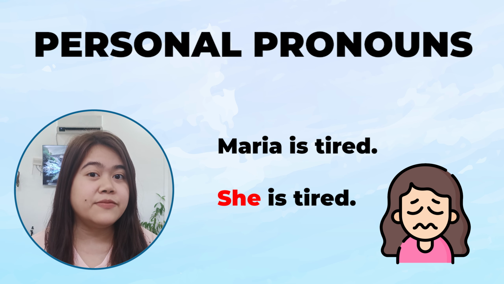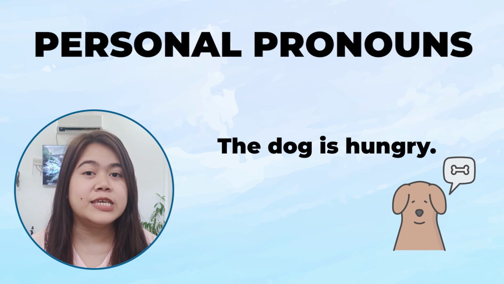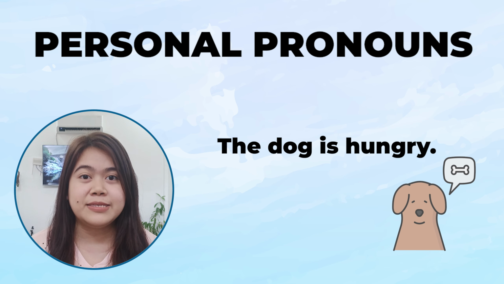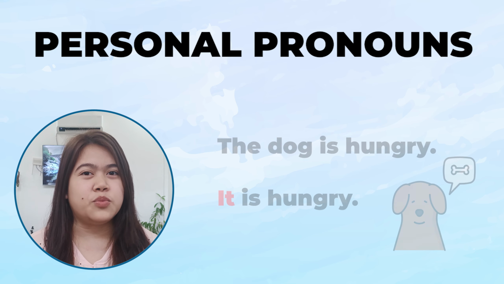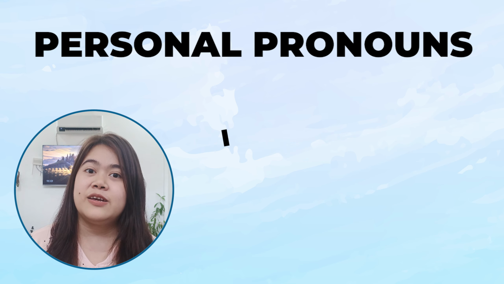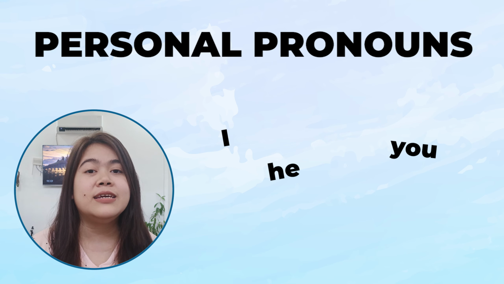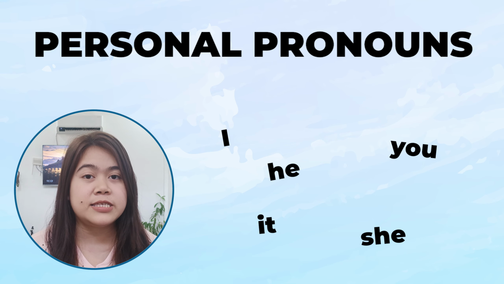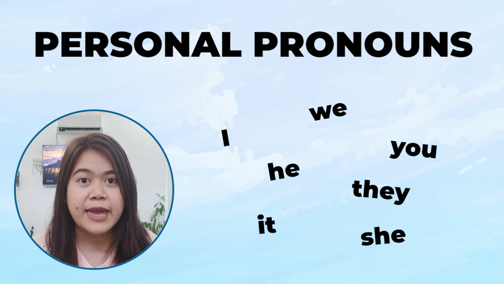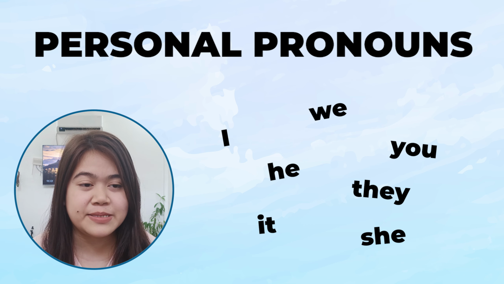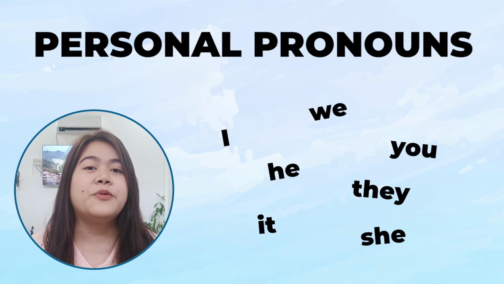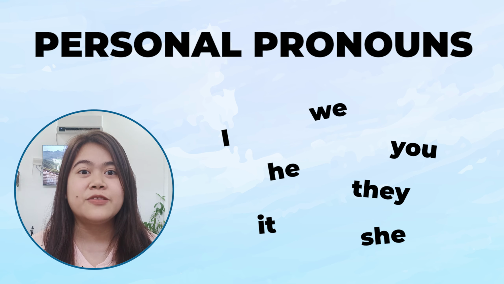Or instead of saying the dog is hungry, we say it is hungry. These little words, I, you, he, she, it, we, they, are subjects of a sentence. They are the people or the things doing the action.